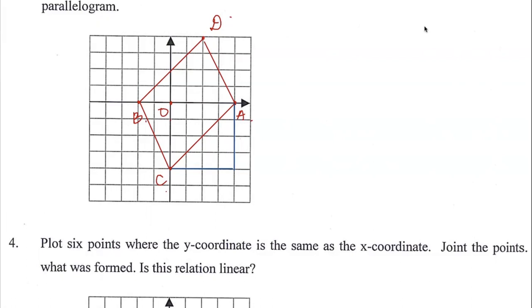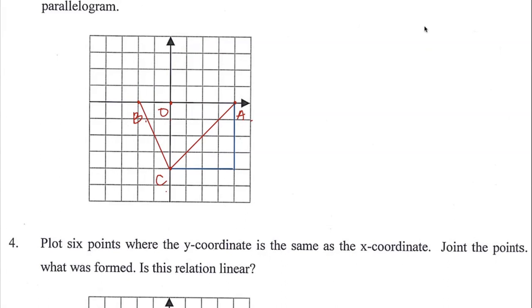Okay. There's another way of doing this, of course. So let's say you're doing this question in your exam. It's easy, okay? You should have a ruler and you should have a pencil. Basically, you use your ruler.